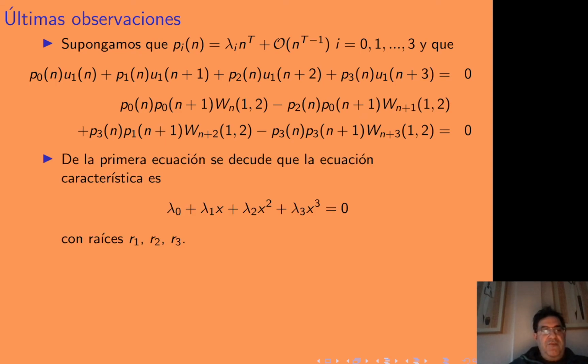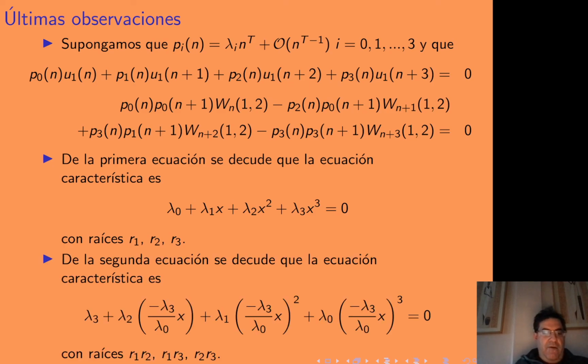So for the first, I know that the characteristic equation is lambda 0 plus lambda 1 x plus lambda 2 x squared plus lambda 3 x cubed, equal to 0. So it has three roots, r1, r2, and r3. Now, for the second, it's not difficult to check that the Wronskians fulfill this.